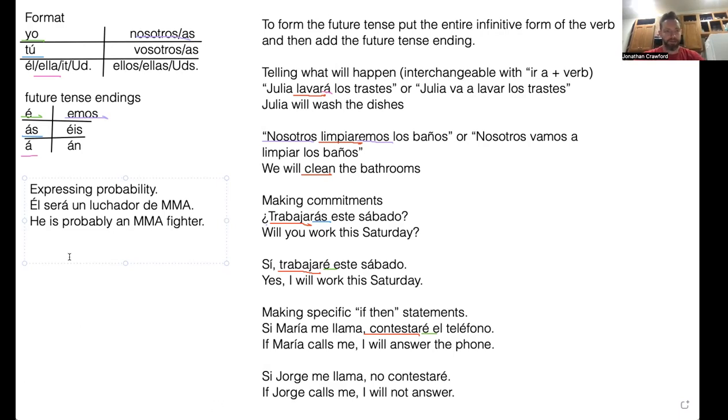Ella estará triste. Estará triste. That means she is probably sad. Ella estará triste. Literally, she will be sad. She will be sad, but it means she is probably sad. Ella estará triste. She's probably sad.